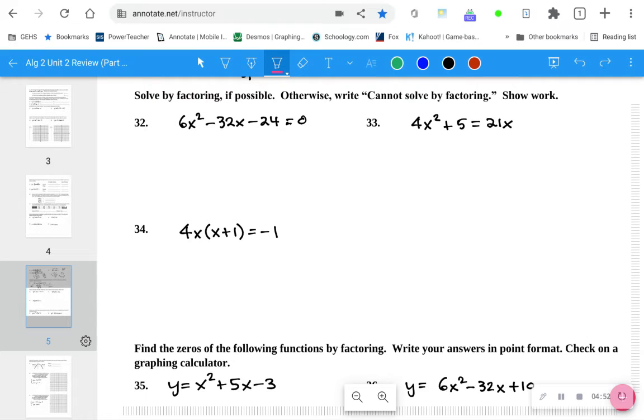example 32 is similar to what you're expected to do. And what you're going to do here is factor out, I believe this one, they all divide by 2. So you're going to pull that 2 out.